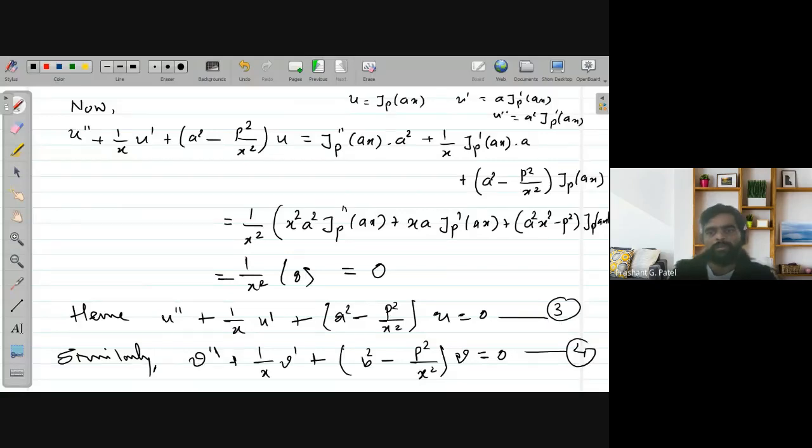Now I multiply the equation 3 by v and equation 4 by u, and then subtract from each other.